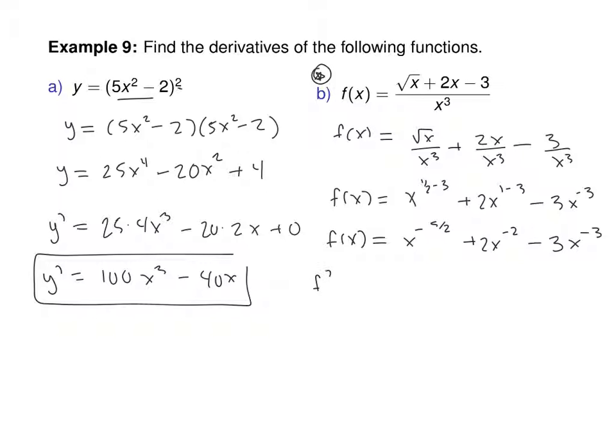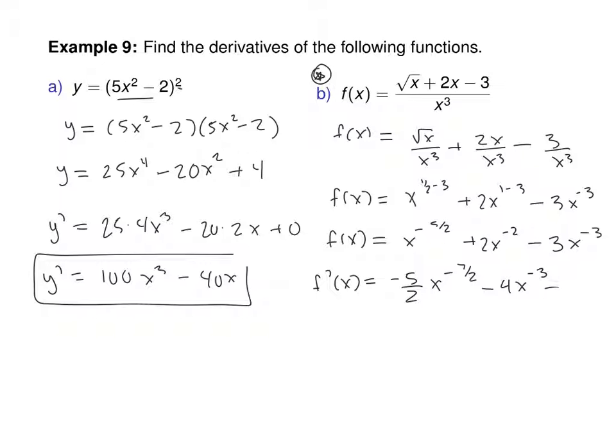Okay, so f prime of x is negative 5/2 x to the negative how much? Negative 5 halves minus 1, negative 7 halves. Okay, minus 4x to the negative 3. Definitely minus, because the negative 2 pulls down and multiplies by that positive 2.